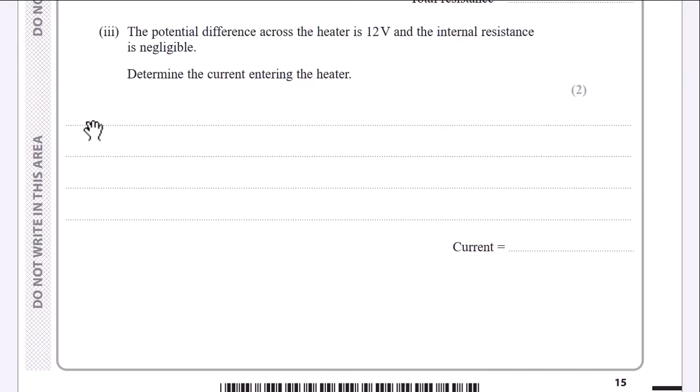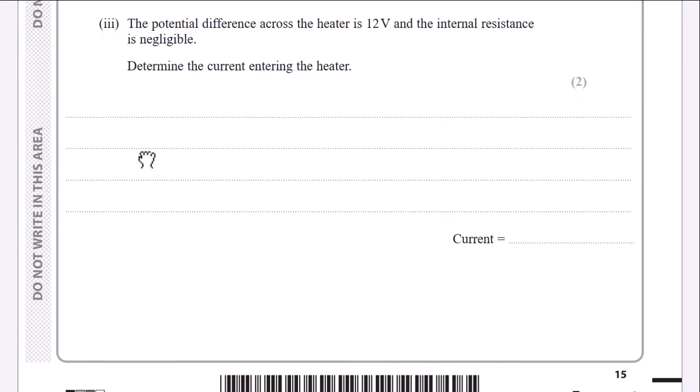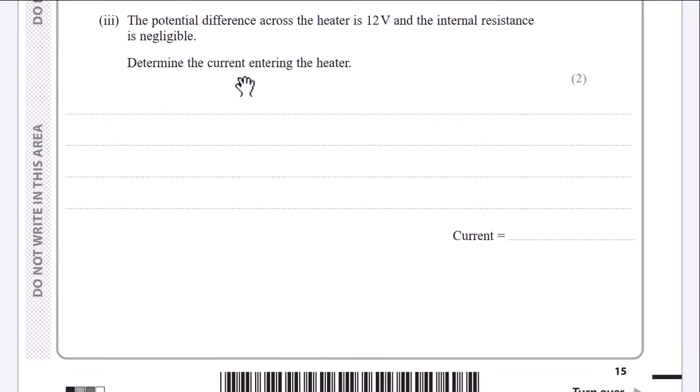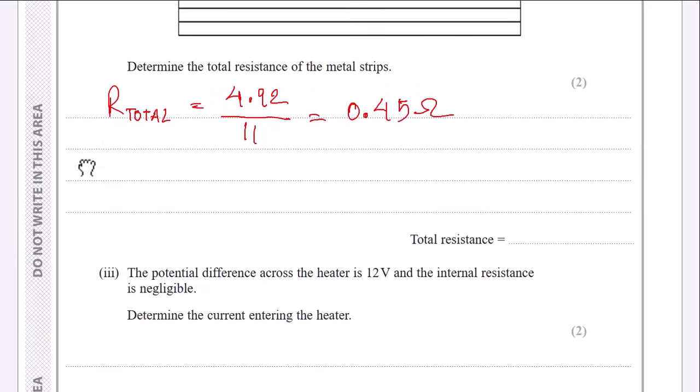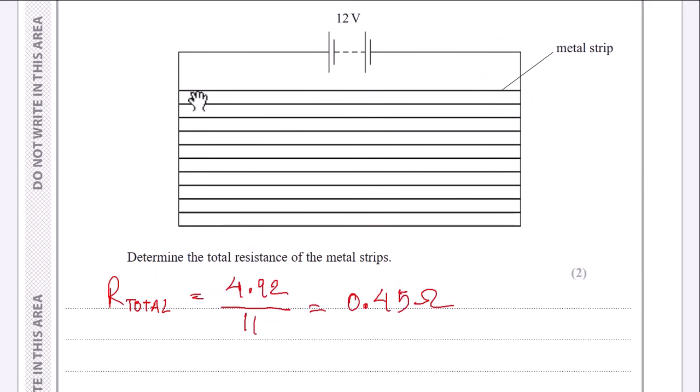The potential difference across the heater is 12 volt and the internal resistance is negligible. Determine the current entering the heater. You see, this question came in part 3, which means it is related to the previous part, as in part 2. So all of these metal strips combined have a total resistance of 0.45. I have the total resistance, I have the total PD. So the total current should be found using V equals IR.